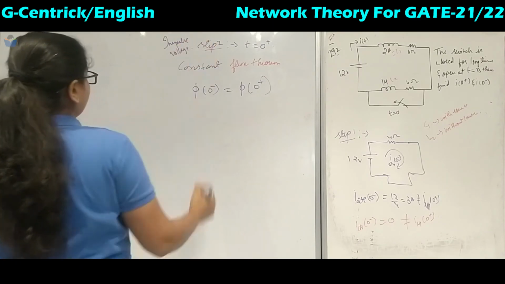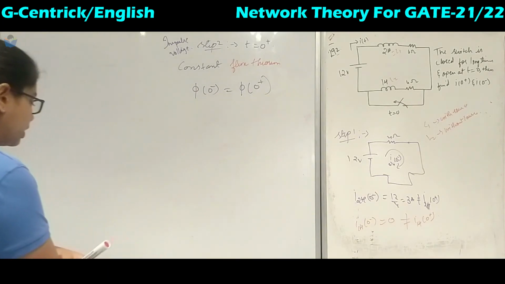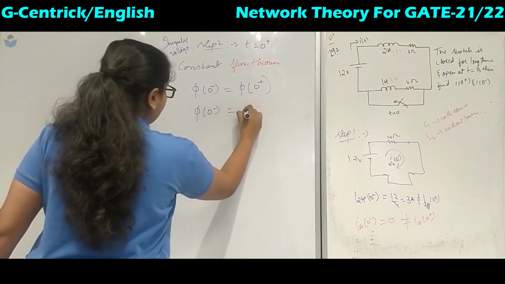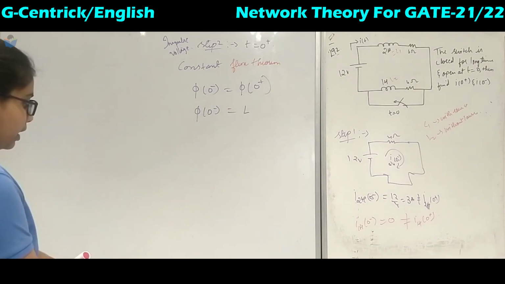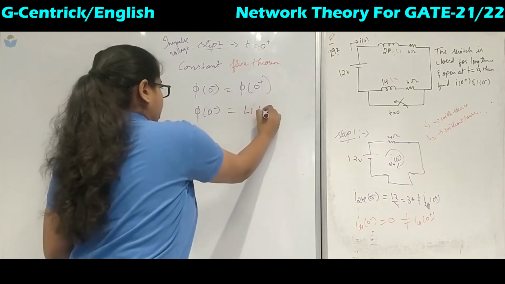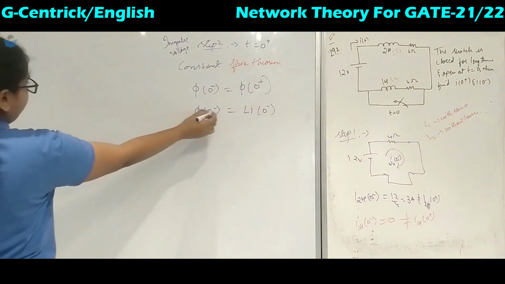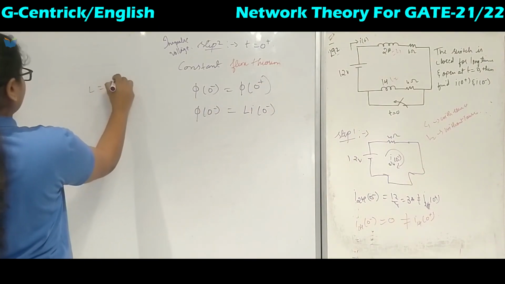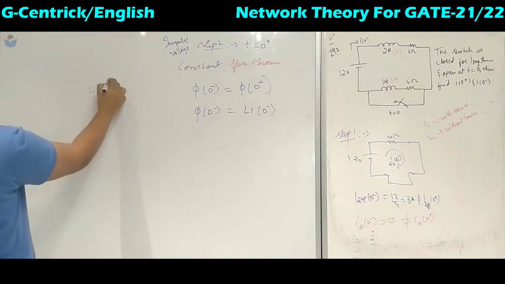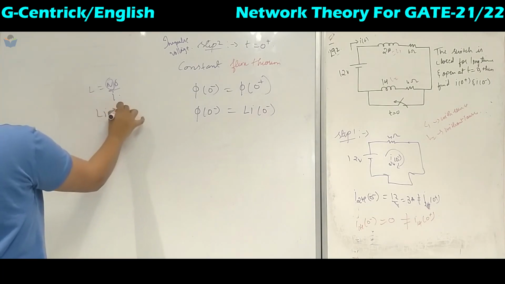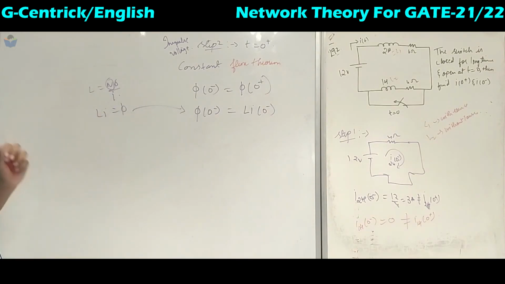So when the fluxes are equal, we can write this phi of 0 minus as L into I of 0 minus. So where did this come from? L is equal to N phi by I. N is 1 here, we do not have anything else. So L into I will be equal to phi, which is written over here.